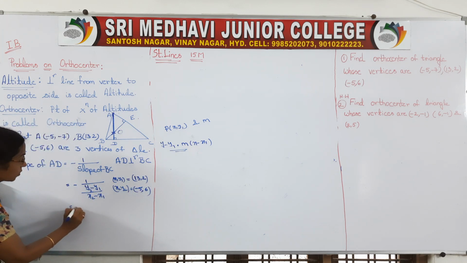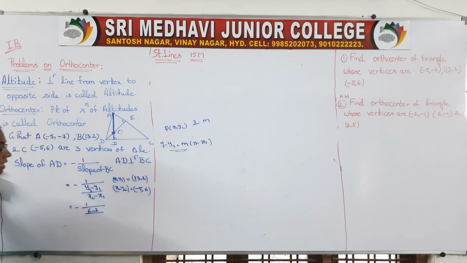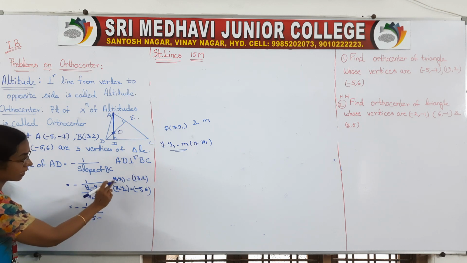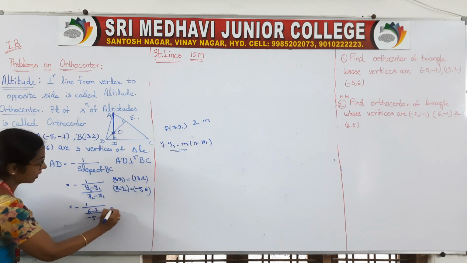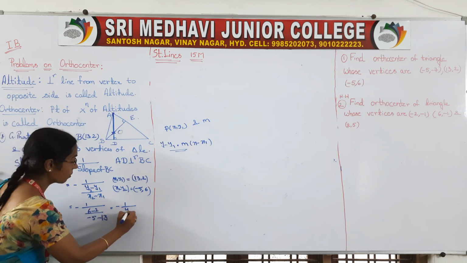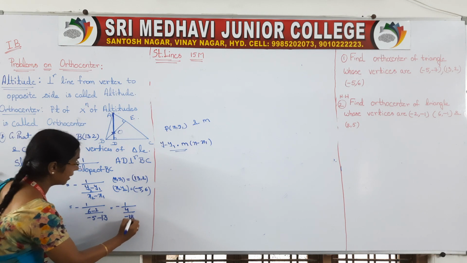So substitute: minus 1 by y2, which is 6, minus y1, which is 2, divided by x2, which is minus 5, minus x1, which is 13. That is equal to minus 1 by 4 by how much? This is minus 18.